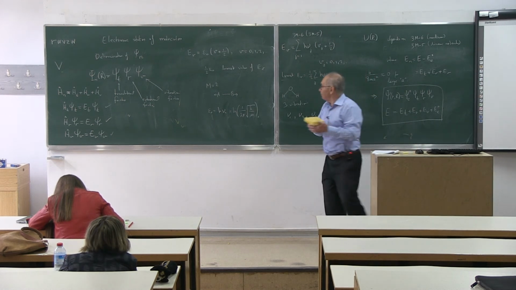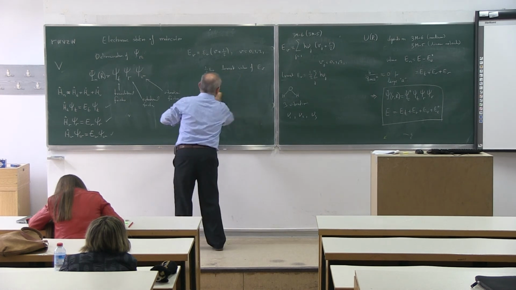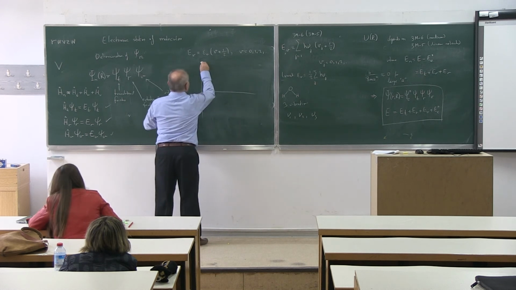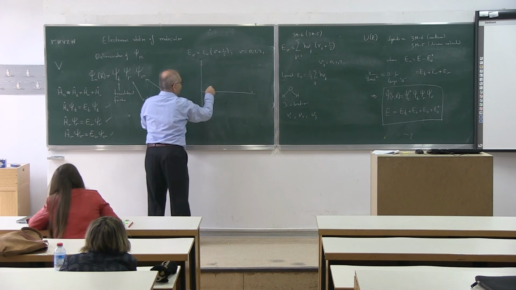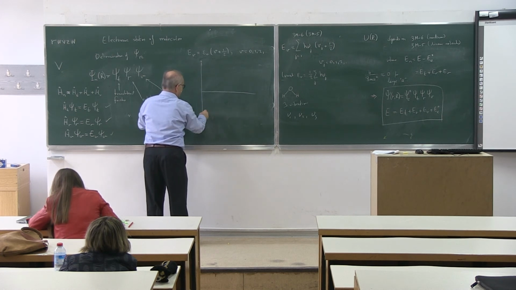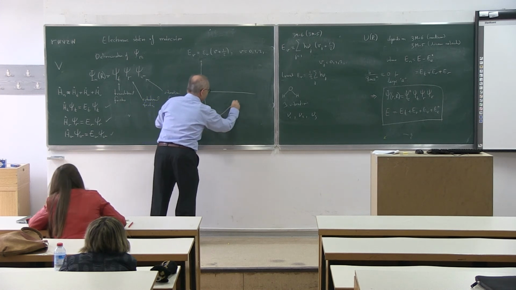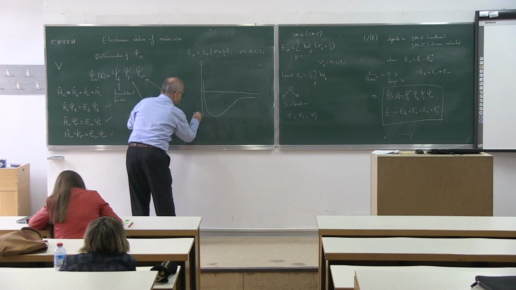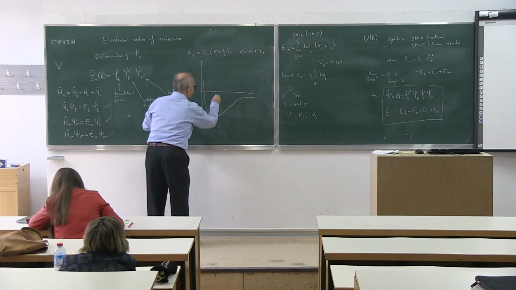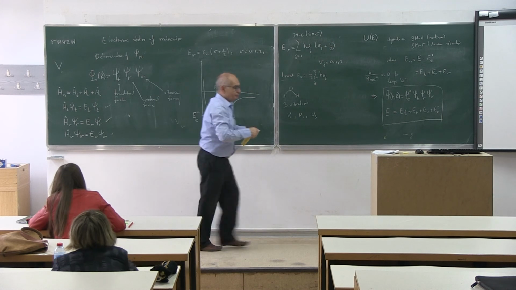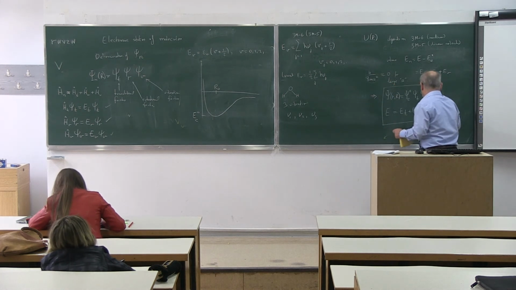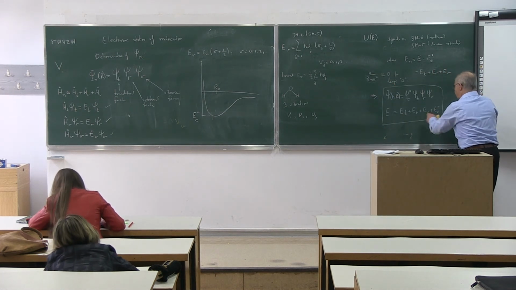So the potential energy curve was like this. This was the electronic energy, a fixed value. This is R0. And you see it from here.